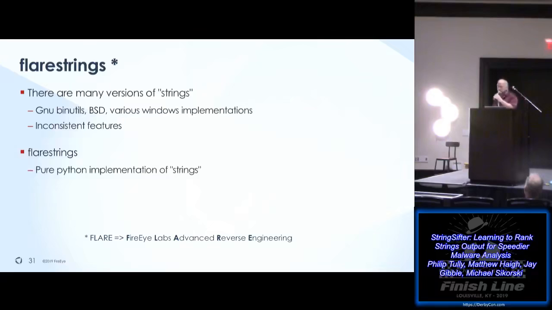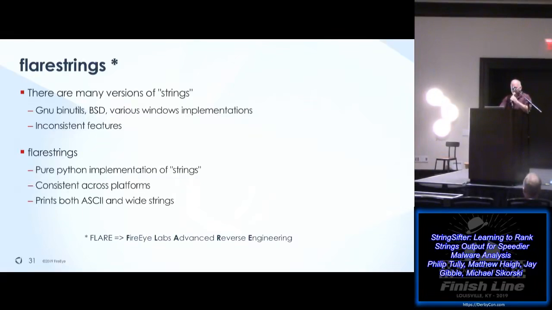Just to resolve those different feature sets, we have a simple tool in here called Flare Strings. It's pure Python, and so if you run on any of these environments, Linux, Mac, Windows, you should get the same output. Just a side note, it prints both the ASCII and the wide strings. If you run the Linux strings, you have to run it twice to get all the strings. And especially for Windows executables, the wide strings have a really good signal-to-noise ratio. They have much higher signal density, so you definitely don't want to miss those.